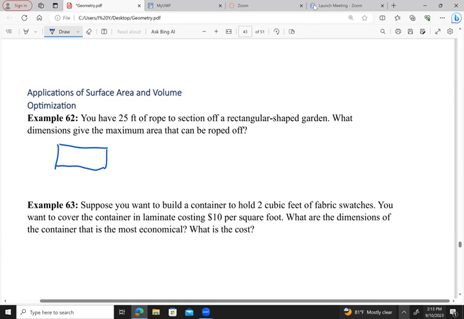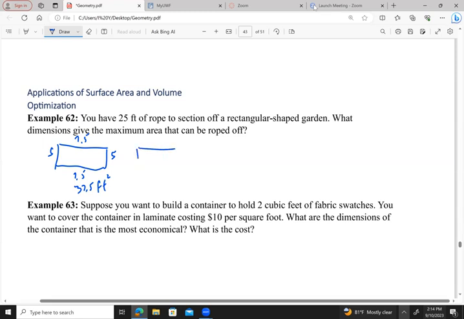So how about we try, what if we try, well, 5 and 5, 7.5, 7.5. What's that give us? 7.5 times 5. This would give us 37.5 square feet.